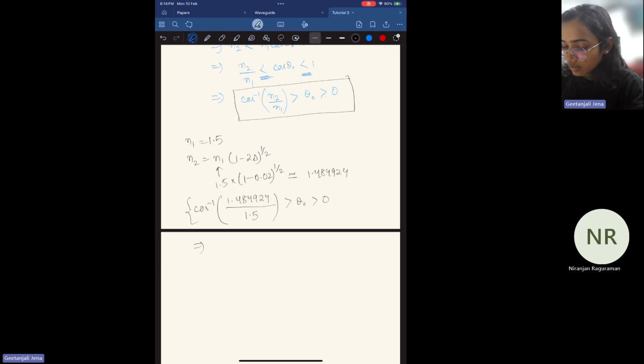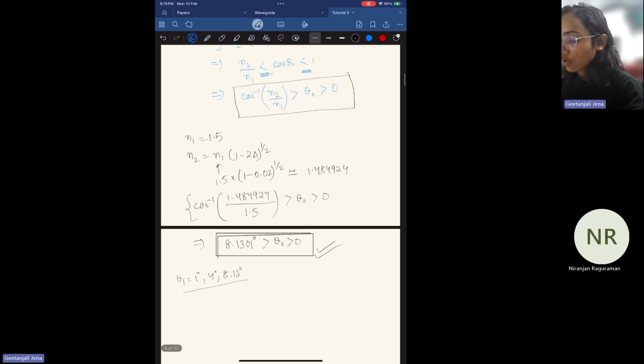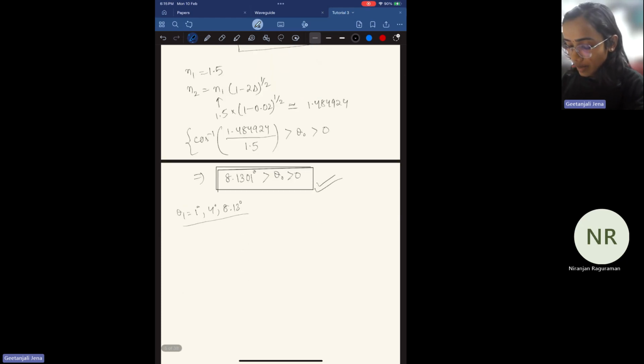The value of this relation is 8.1301 degree. So this is the final form, the range of theta for ray guidance. Now we have theta 0 as 1 degree, 4 degree and 8.13 degree, which satisfy this relation. That means all the rays will be guided inside the fiber. Now we can proceed to calculate the amplitude and the periodic length.